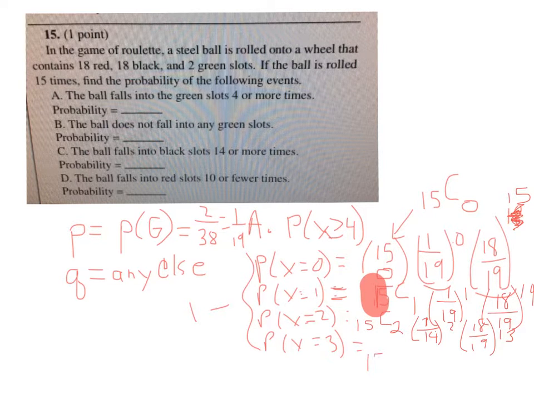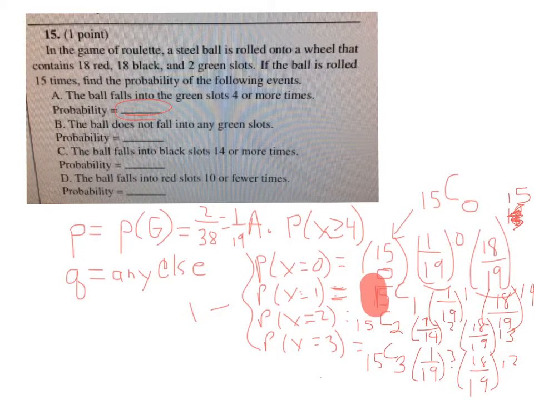And the last one is 15 choose 3, and we want 1 over 19 to the 3 times 18 over 19 to the 12. So those guys will always add up to 15, okay? So if you add up all of those probabilities after you've calculated them and you subtract from 1, that will give you the answer for part A.